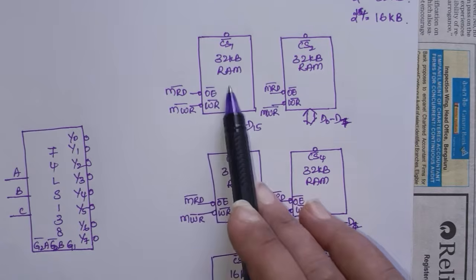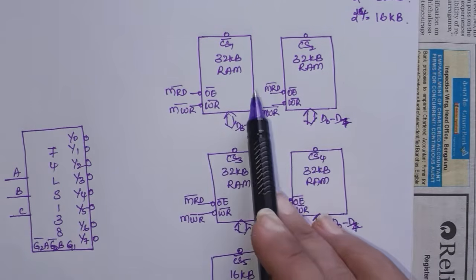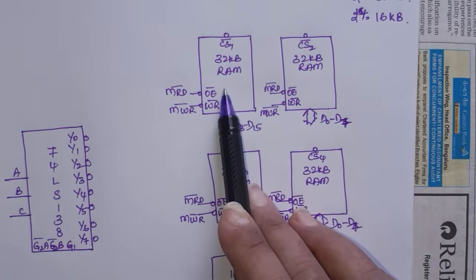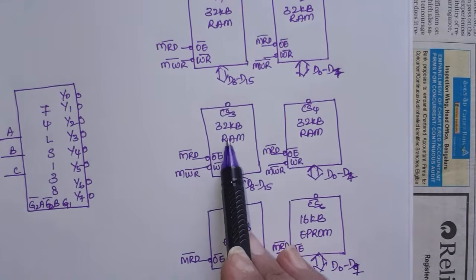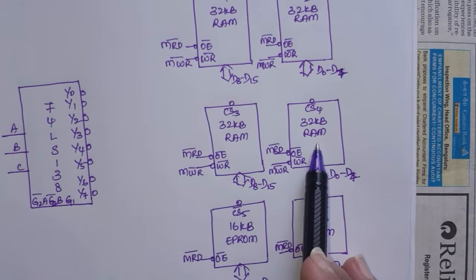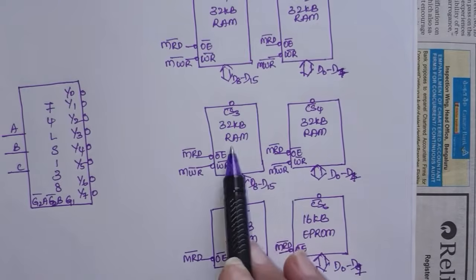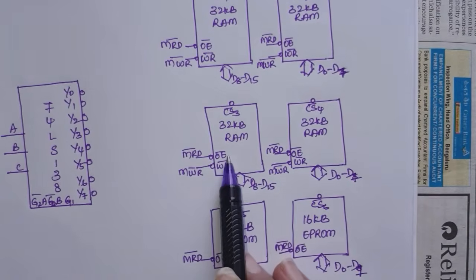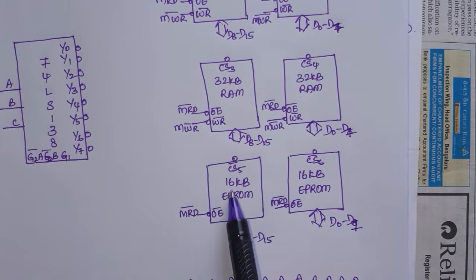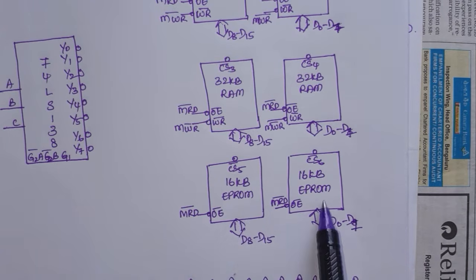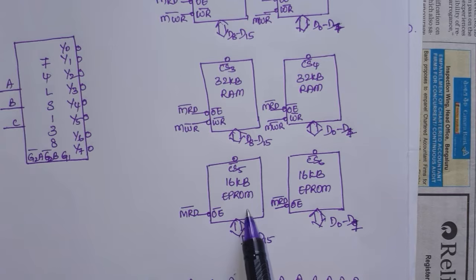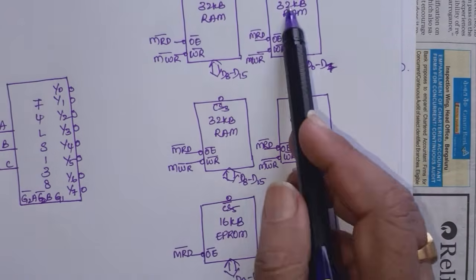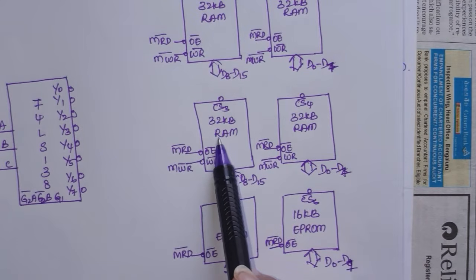So these are 32 KB chips, even and odd bank, and two more 32 KB chips are used as even and odd bank, and two 16 KB EEPROM chips are used. So that total ROM is 32 KB. Here total RAM is 128 KB.